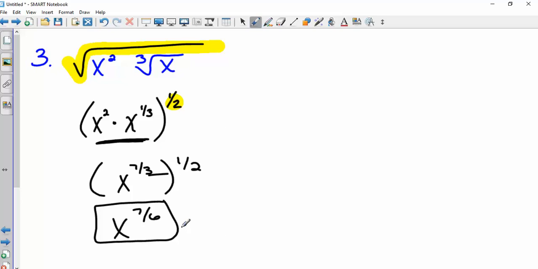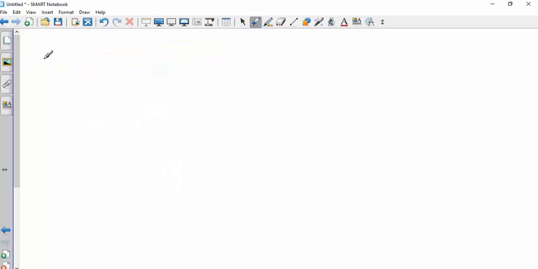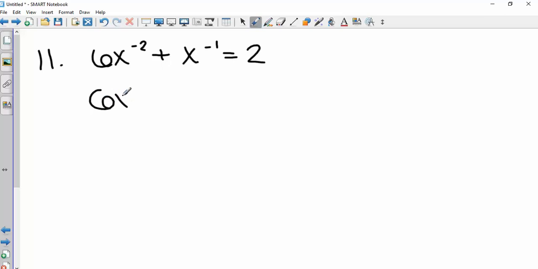We did an inverse problem. What about number 11? So 10 and 11 are both like this. They're not exactly like a quadratic, but we could treat them like one. We can do box method.